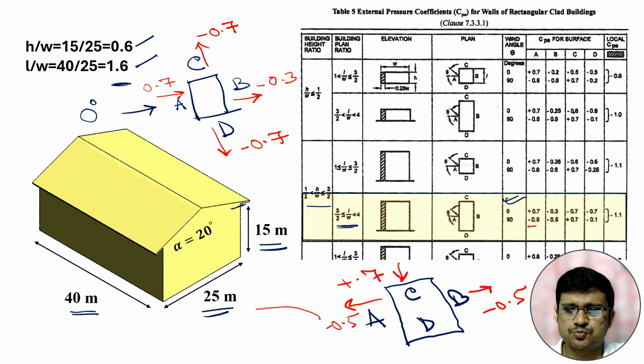And for D, it is minus 0.1. Now, why is this happening? Because wind is coming from 90 degree, which means wind is hitting the shorter side of the building. At that time, C will be the windward face and D will be the leeward face, and faces A and B will be the side faces. So this will be the external pressure coefficient. The details of all these values I have already discussed in a previous video. You can check that if you want to know why these values come like that.